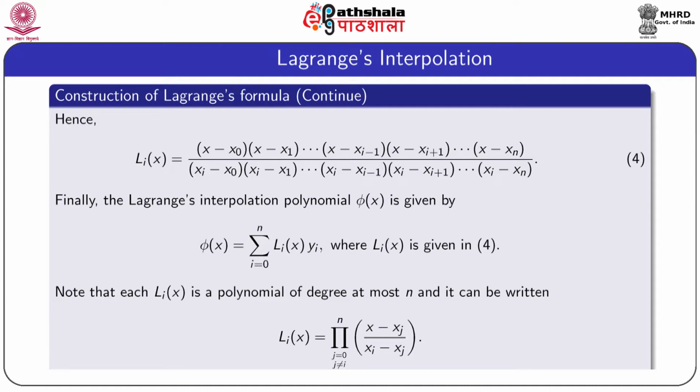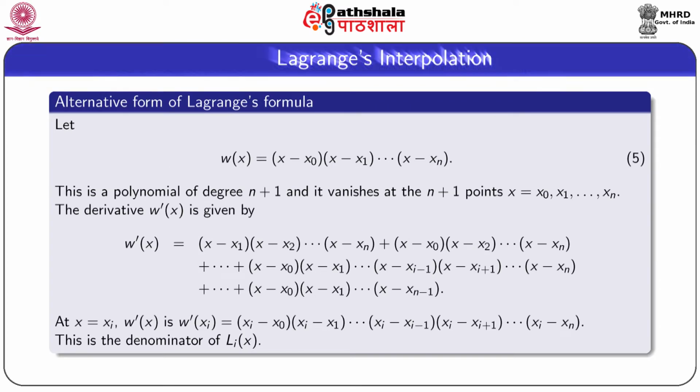It may be noted that L_i(x) can be expressed in terms of a product of factors like this: L_i(x) equal to the product over j equal to 0 to n, j not equal to i, of (x minus x_j) by (x_i minus x_j). The Lagrange interpolation formula can also be represented in terms of other notation.